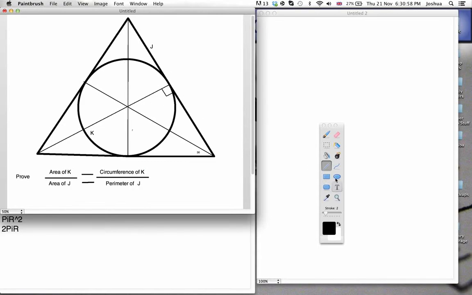So we have R over here, and what you know is this angle is 1/6 of a circle, so it must be 60 degrees. We want to find what this length is.